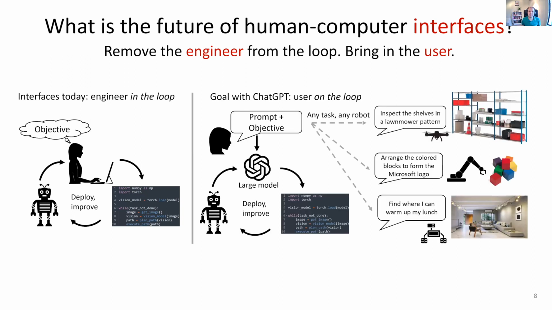But what these large models allow us to do is to change things slightly. So instead of having an engineer in the loop, hopefully we want to have a user, hopefully a non-technical user, on the loop. So you're not directly in the code writing process, but you express your objective functions as a simple prompt.